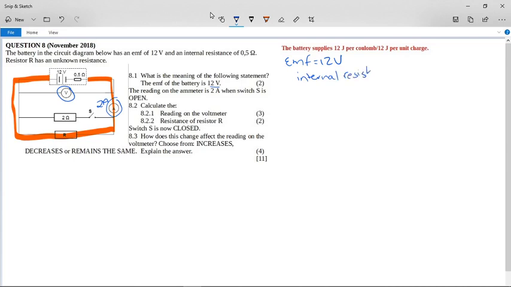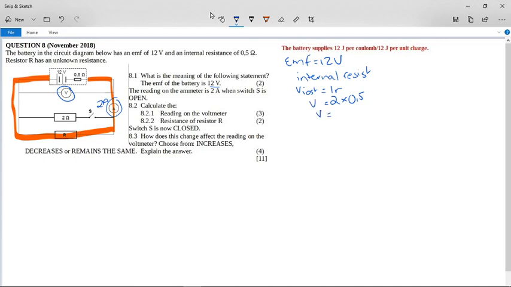So if we want to calculate how much voltage is being lost, we need to find V lost equals I little r. We know that the current in the circuit is 2 amps, and it's a closed circuit for resistor R. So 2 amps times the internal resistance of the battery, which is not going to change, gives you V lost.